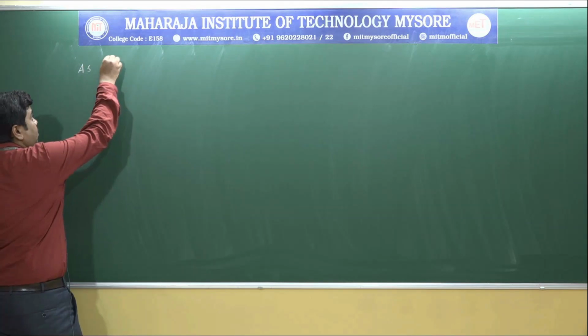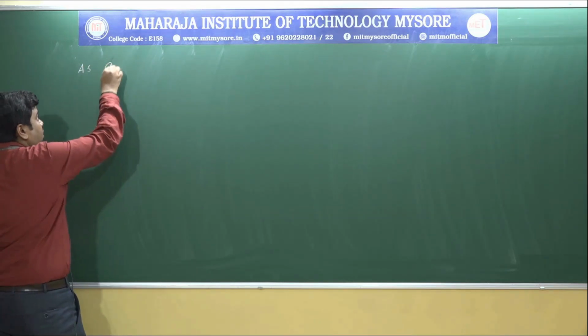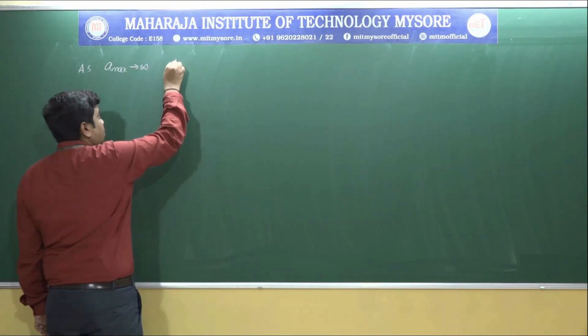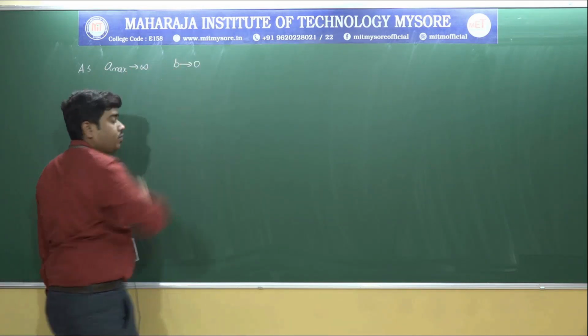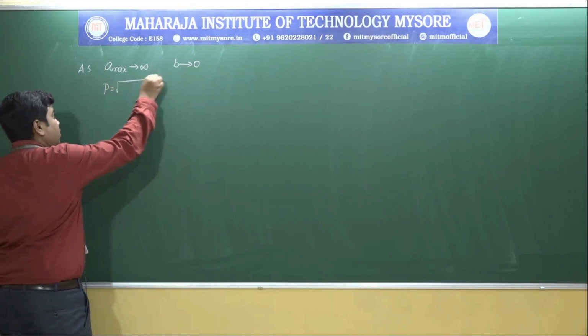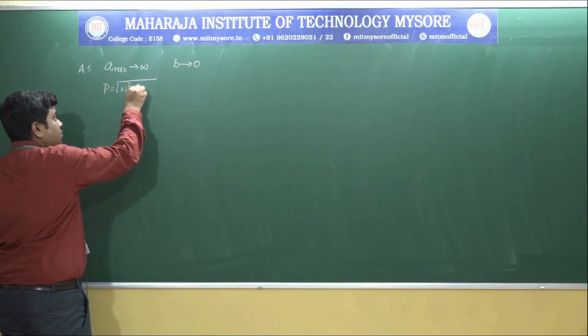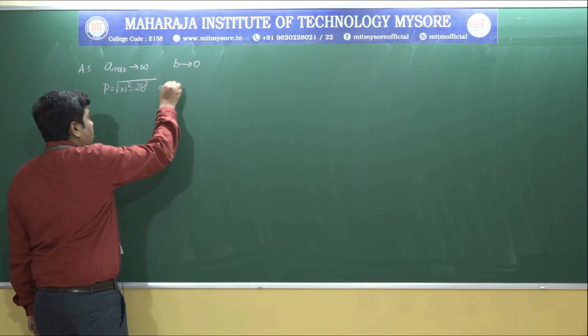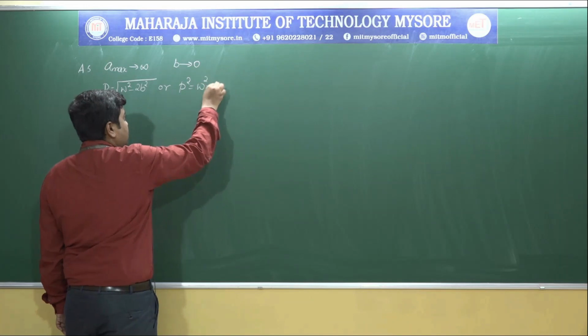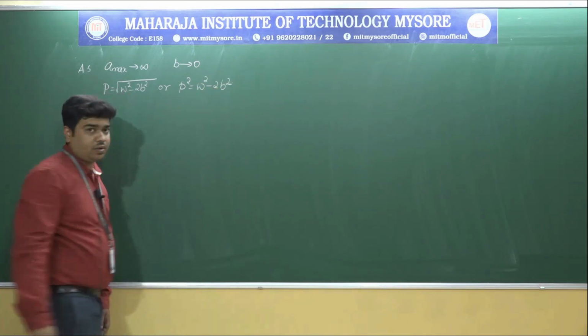As A max tends to infinity, b will tend to 0, and we know that p is equal to square root of omega square minus 2b square, or p square is equal to omega square minus 2b square.